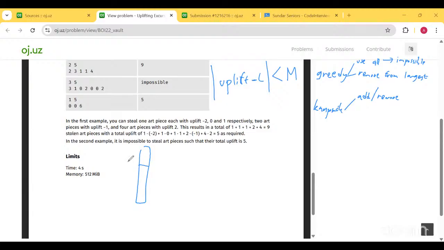So for example, we are currently using X items in this type, and there are A items. It means we can add at most A minus X, and we can remove at most X.